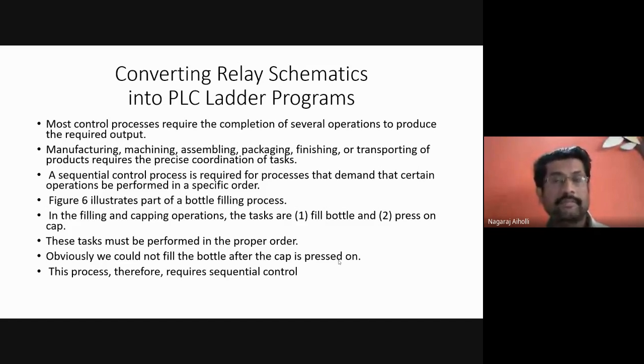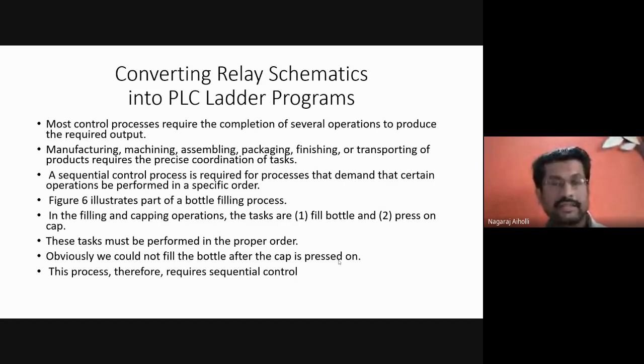Then the products have to be packaged, and then they have to be transported to the required industry or the required customer. So these are all the processes that any product will go through. First the manufacturing, then finishing, machining, assembling, packaging, and then transporting.